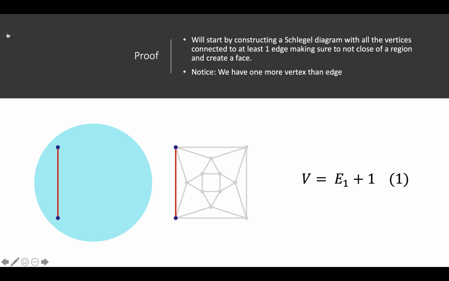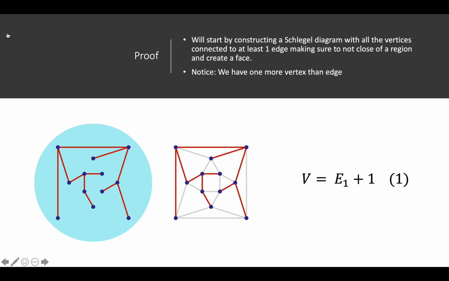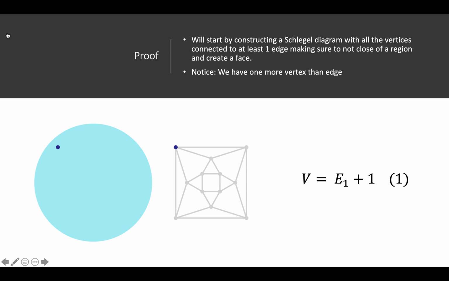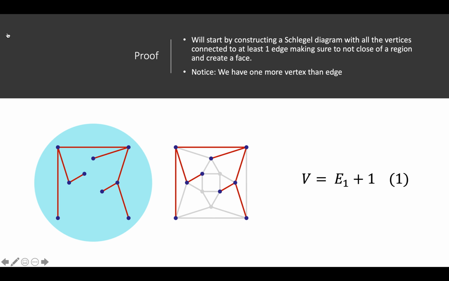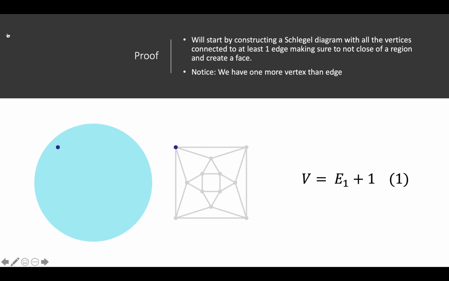If we call all the edges at the end E1, then the vertices equals E1 plus 1, because at the start, we have one more vertex than edge, and then we just keep adding edges until we get all the vertices. We'll call this equation 1, and it will be useful later on.